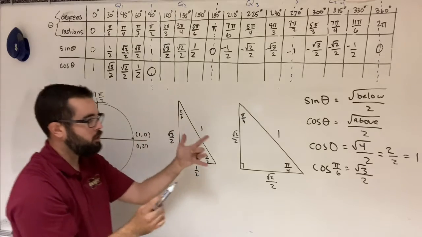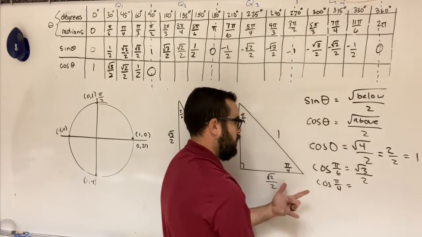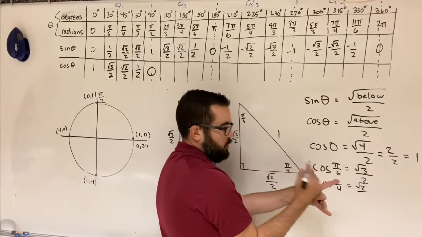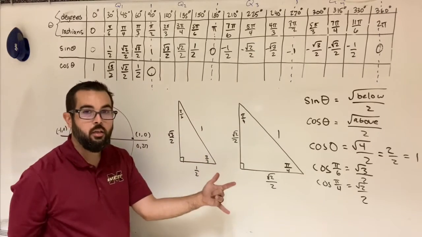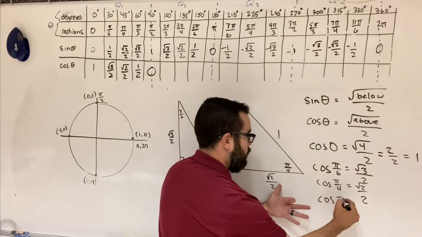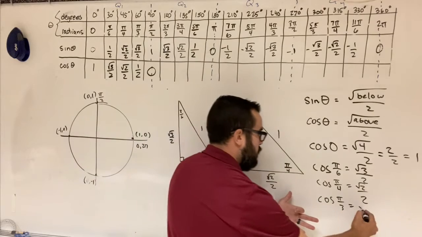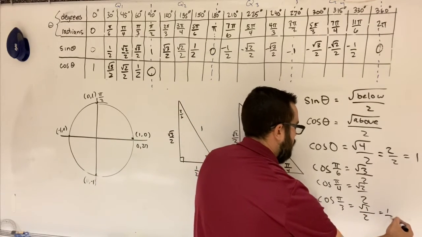Okay, next one, cosine of pi over 4. Cosine of pi over 4 is square root of the fingers above, which is 2, over 2. That matches. And then cosine of pi over 3 is square root of 1. There's 1 finger above, divided by 2, which is 1/2.